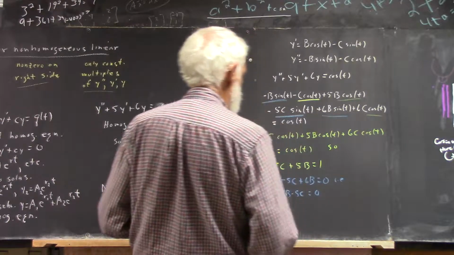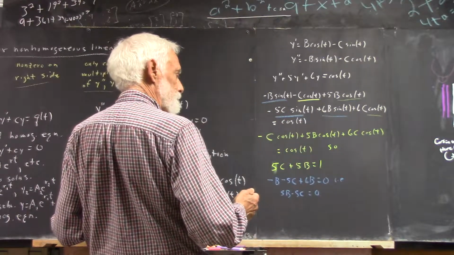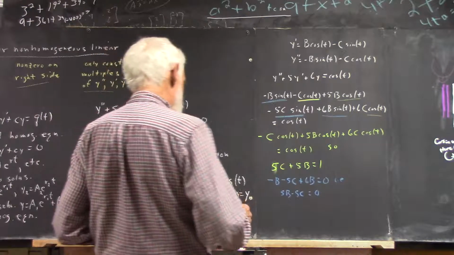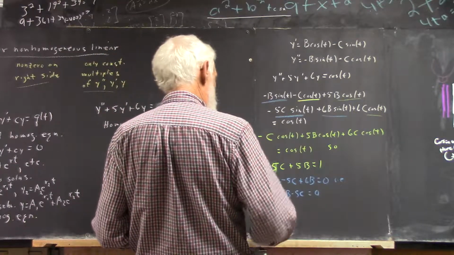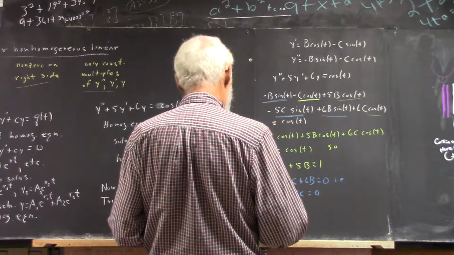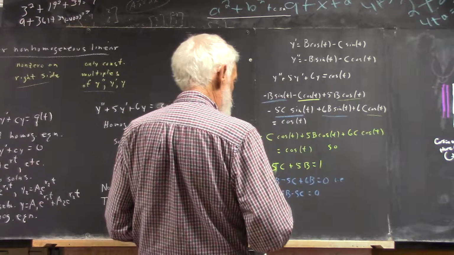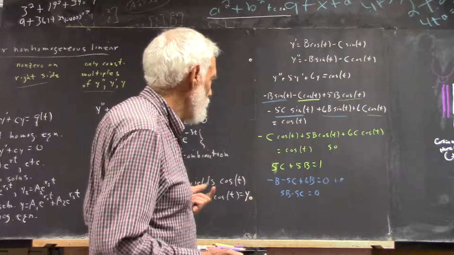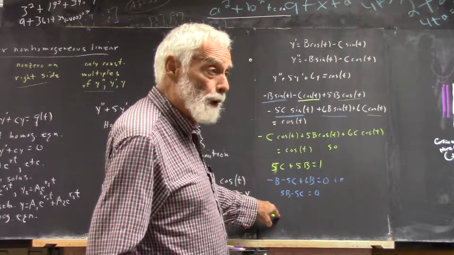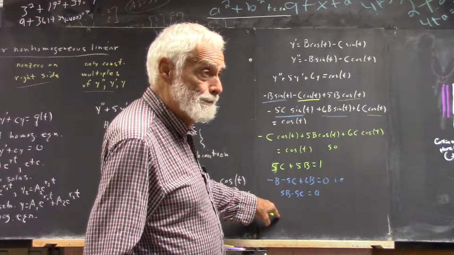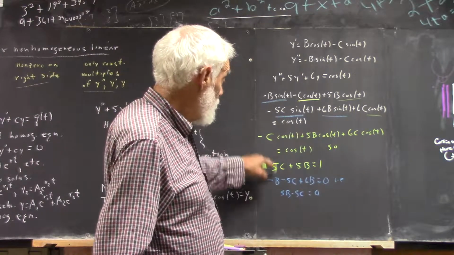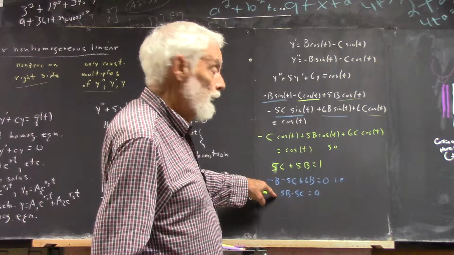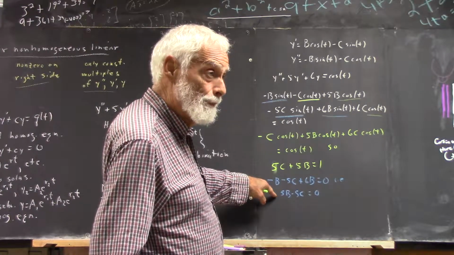So from this equation, now, different ways to solve the equation. I could add these two equations, right? If I add this equation to this equation, I get 10b equals 1, right?